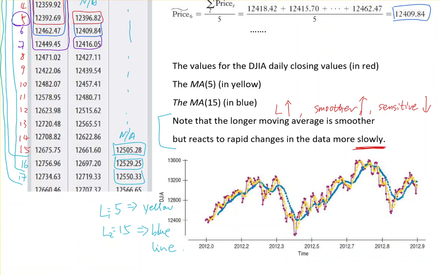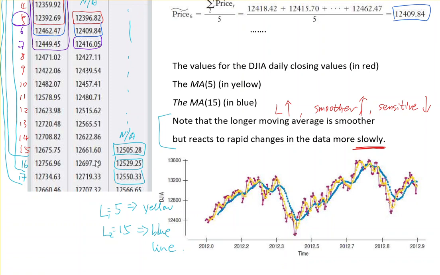All right, okay, so in the assignment, I gave you this kind of plot, or the scatter plot, or the time series, and then I gave you, for example, the yellow line and the blue line, and I may ask that one of them is L equals to 5, the other one is 15, then which one is 5, which one is 15? You need to know which one is which.